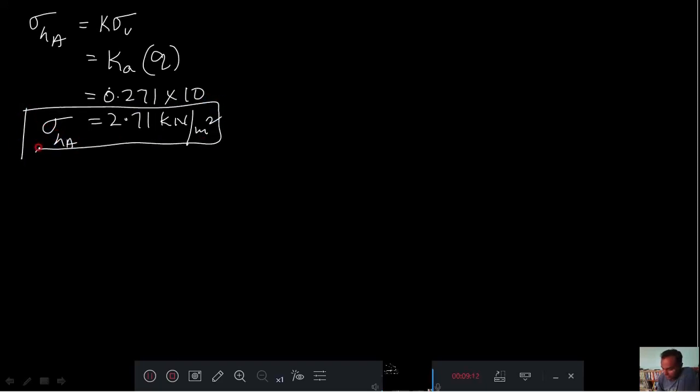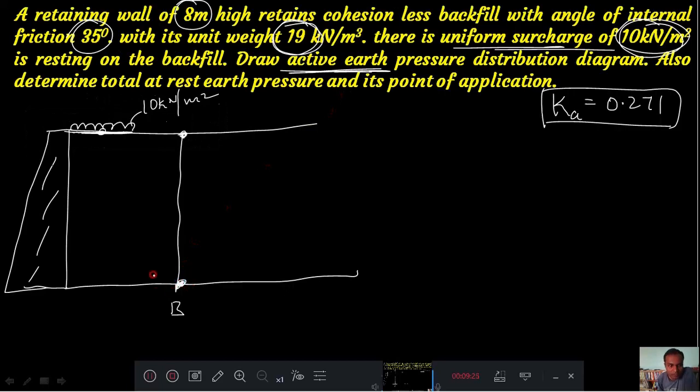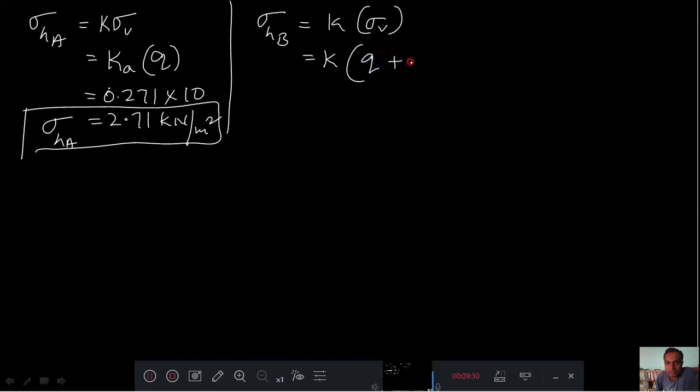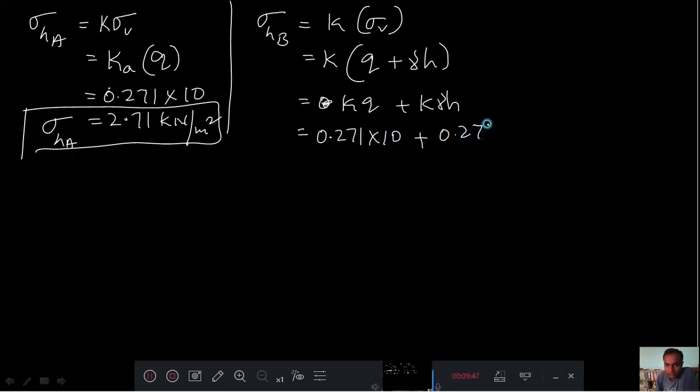Then after that we will go to sigma h at B is equal to K into sigma V, that is K into vertical stress at B. What is the vertical stress at B? Vertical stress because of the surcharge and soil, that is because of surcharge plus soil. Okay, therefore first we will make it K into Q plus K into gamma H. Okay, K is 0.271 into 10 plus K, 0.271 Ka, right, into 19 into 8.